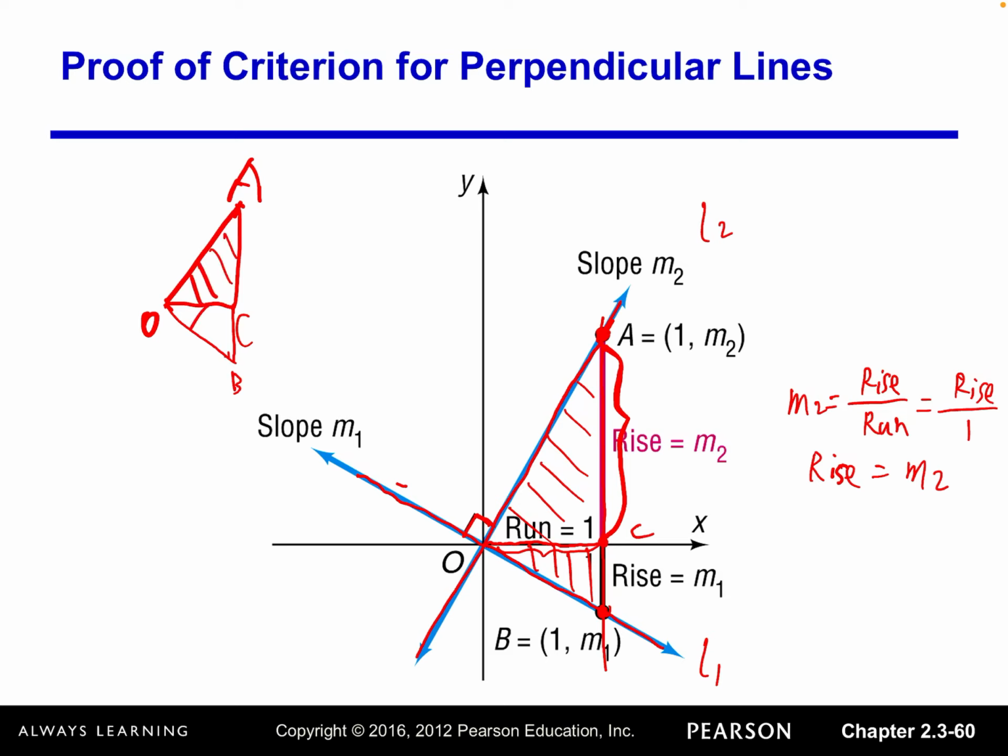This is BOC, this is AOC. These two triangles are similar figures, right? So which angle equals which angle? This angle equals this angle. Can you see? The angle AOC is the same as angle OBC.